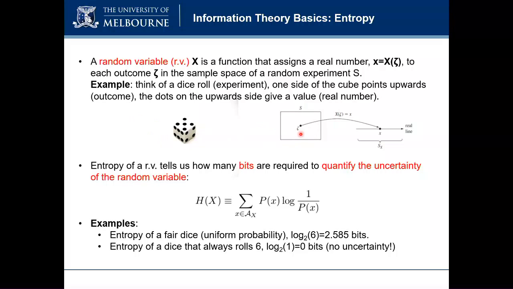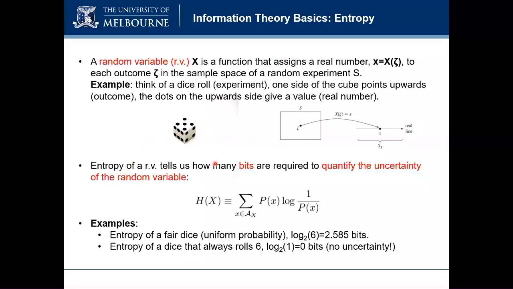Then I use a function to map that to a real value. That is where these dots come into the picture. The dots that I paint on the top of the dice map the outcome of the experiment, the fact that that side is up, to a number. And that is actually a real random variable. I'm happy with this definition.